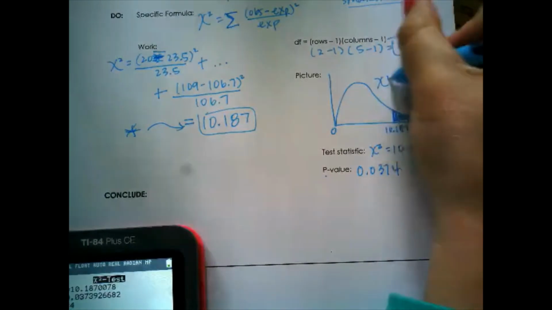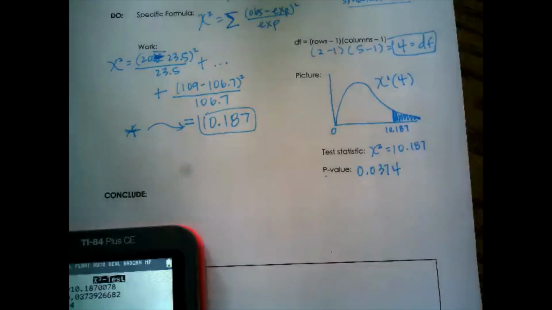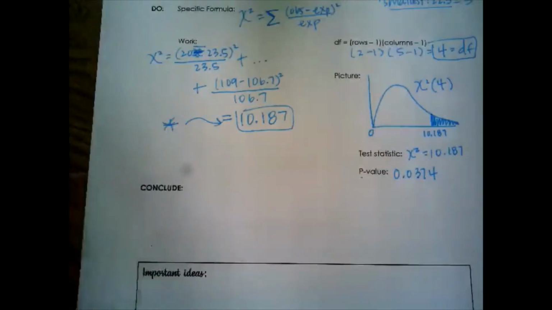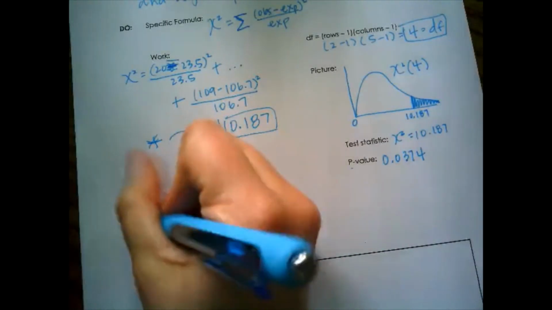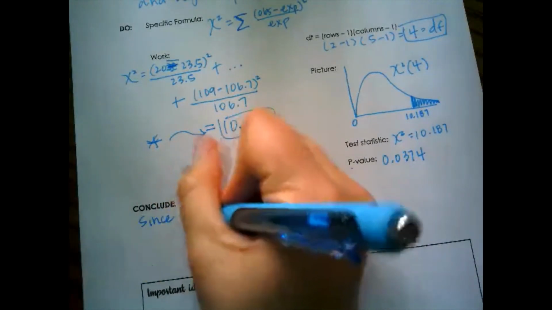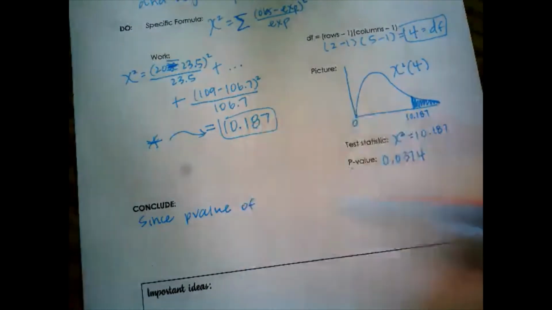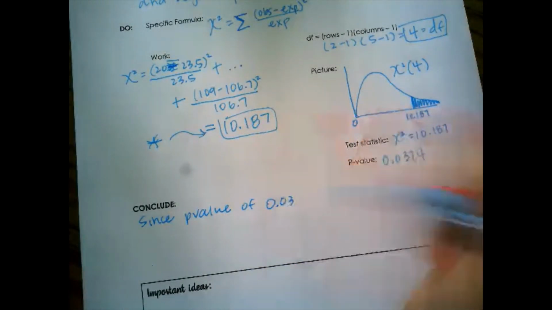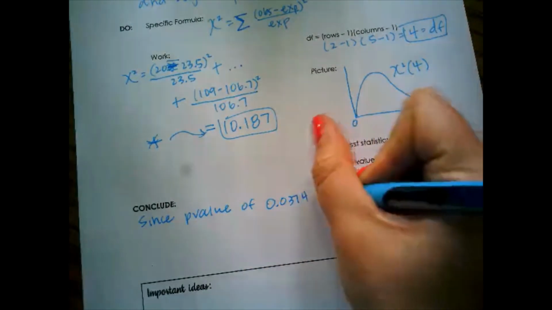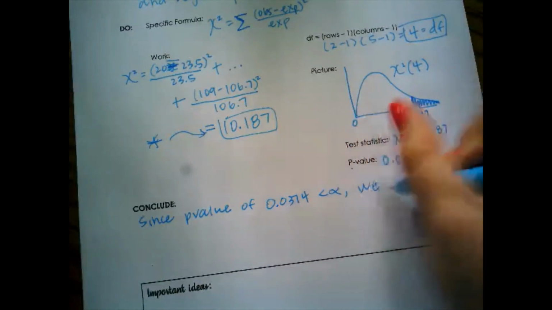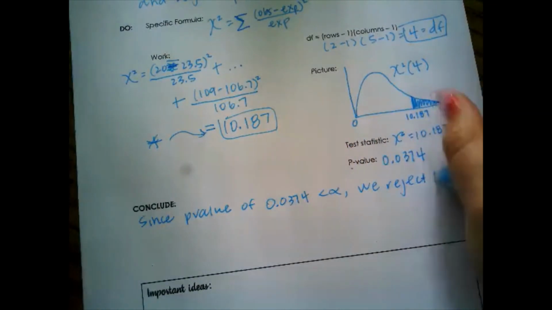So our conclusion: since our p-value of 0.0374 is less than our alpha, we reject the null.